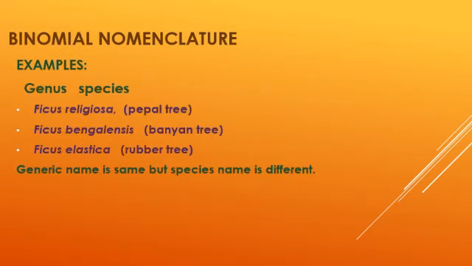Here we have some examples of scientific names. Ficus religiosa, peepal tree, Ficus bengalensis, banyan tree, and Ficus elastica, rubber tree, belong to the same genus, so they have the same generic name Ficus, but they have different specific names due to differences among them.